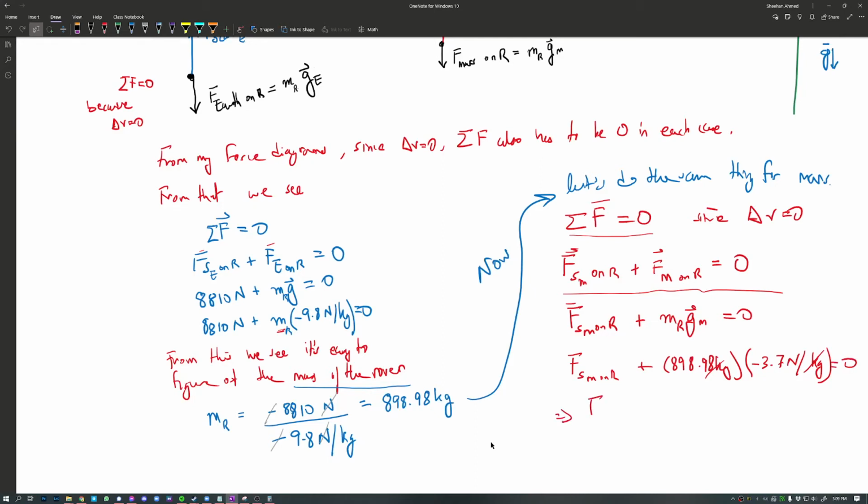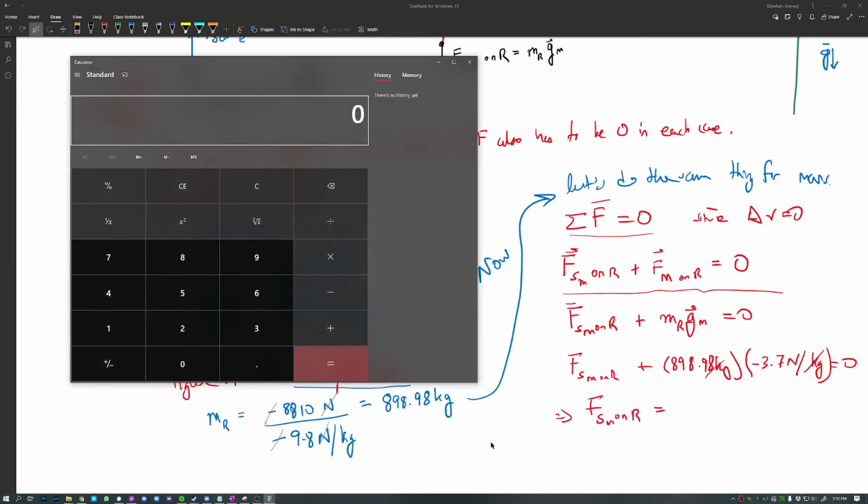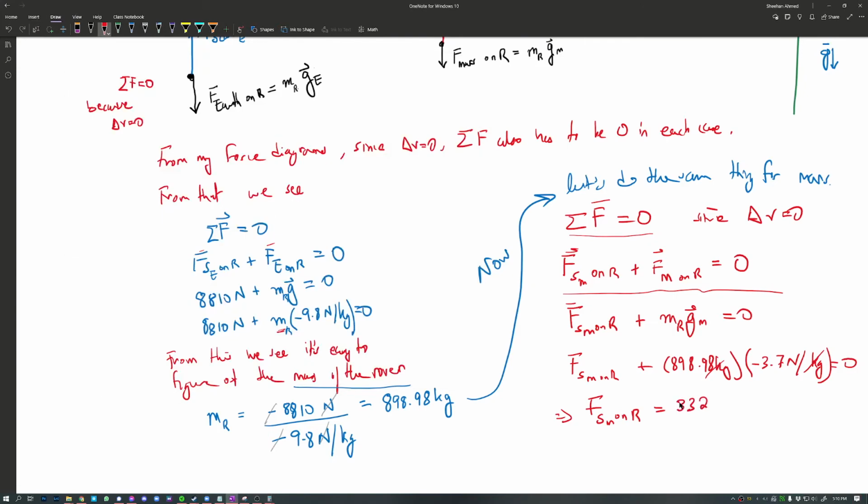From here, I can see the force that the scale hanging out on Mars exerts on the rover is, I'm again going to do calculations while I do algebra, 898.98 times 3.7. Ooh, I get 3326. That's good enough. 3326 newtons, approximately. The wiggly equals means approximately.